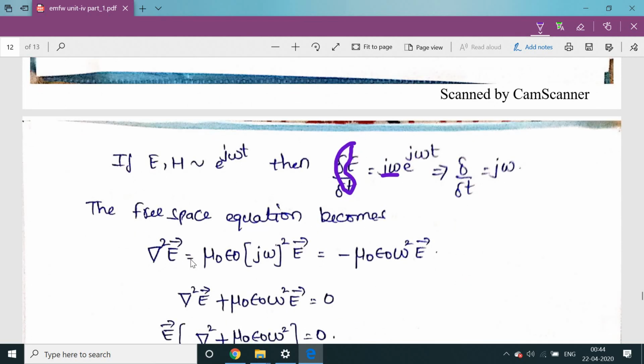So we know the free space equation is del square E is equal to mu naught epsilon naught into dou square E by dou t square.